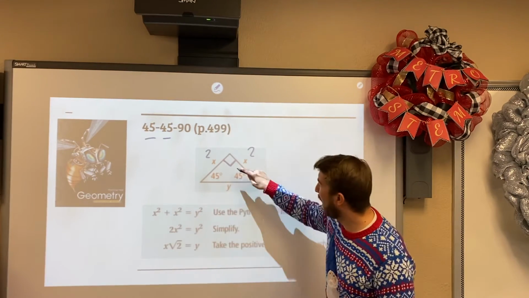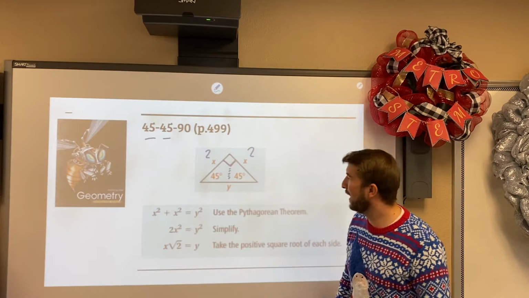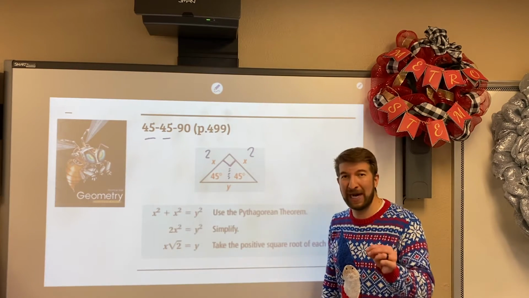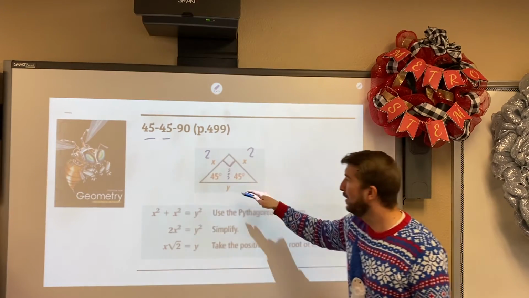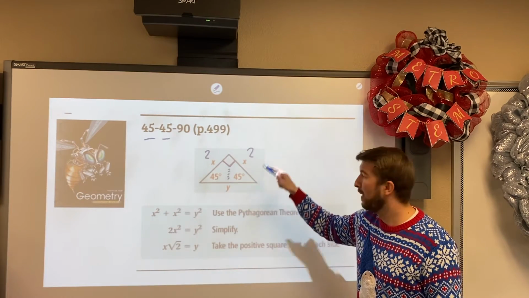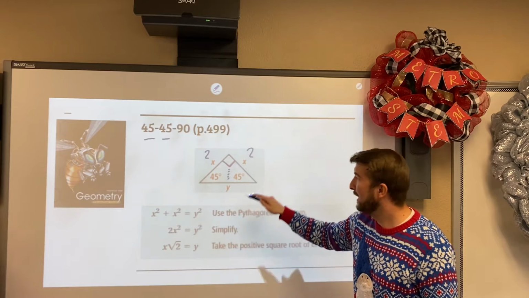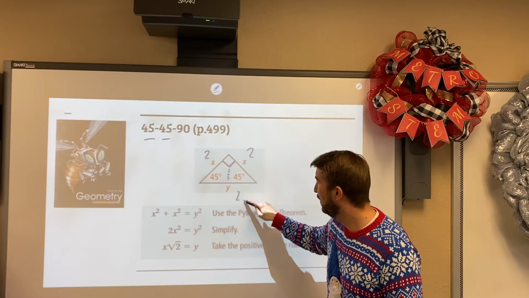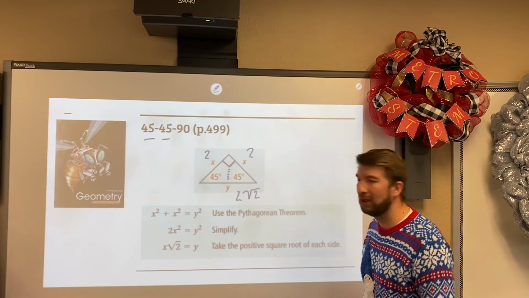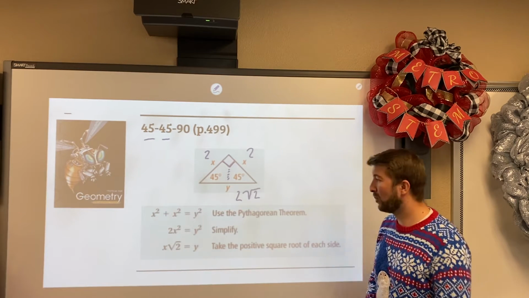Now, the side that is opposite the right angle is called the hypotenuse. And on a 45-45-90 triangle, the hypotenuse is going to be equal to the shorter sides times radical 2, or the square root of 2.